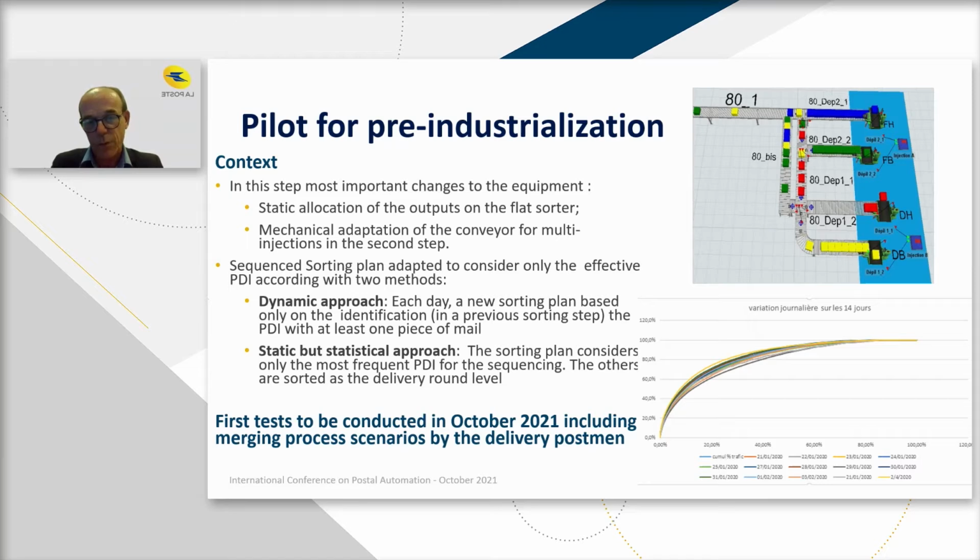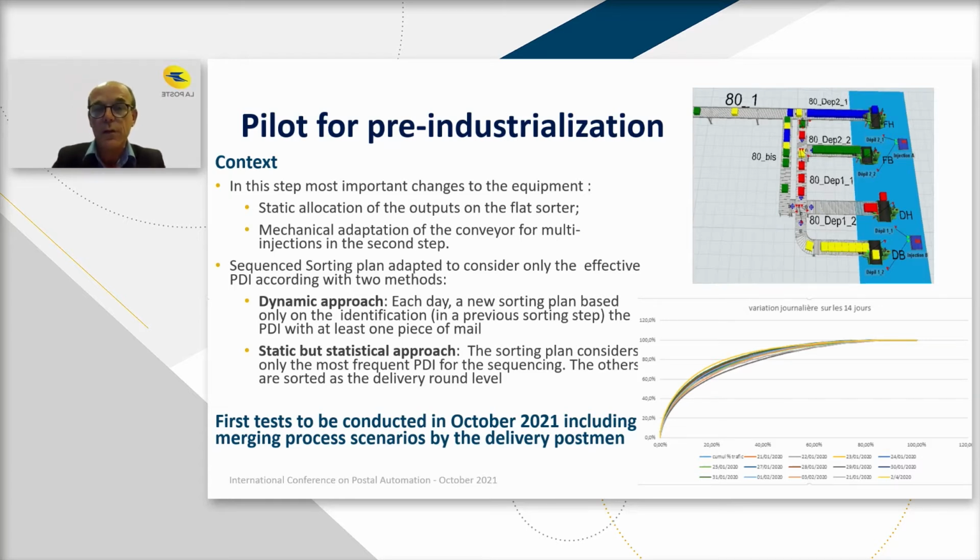For example, if we have a set of runs with 30,000 points of delivery, in reality, each day we may have only 20% of these points of distribution who have mail to receive. So we try to use this data either in a real-time process, which is quite difficult to implement, or in a statistical way.